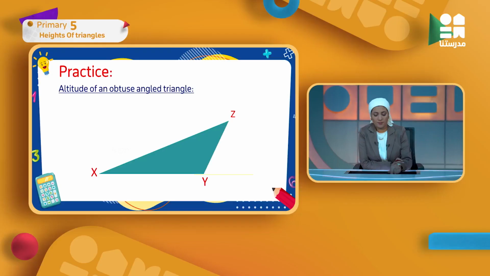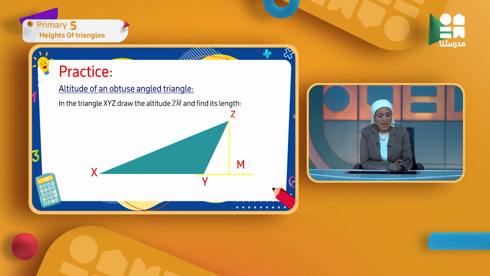So here I extend XY outside, then I drop a perpendicular from the vertex Z on XY after extending it. So this is my altitude. It will be dropped at point M, then ZM is my altitude. If I want to measure it, I'll put my ruler on the line ZM. I will measure it and it will be 4 centimeters.